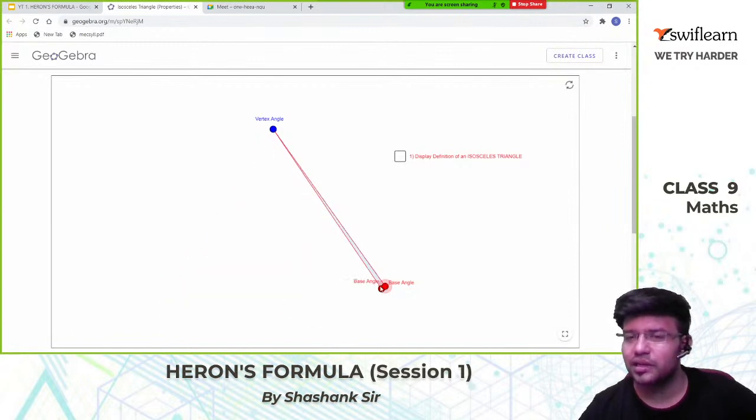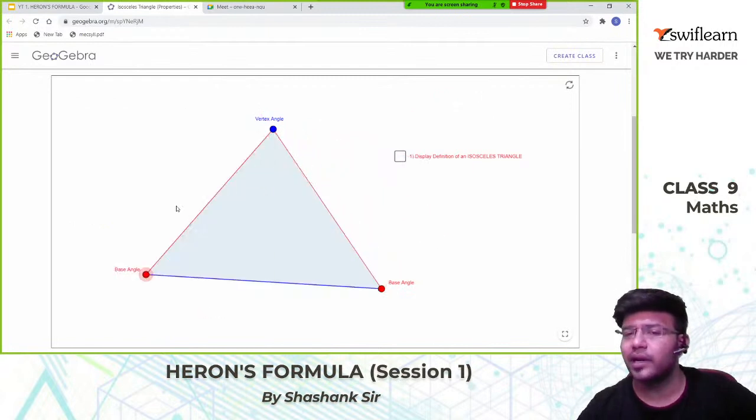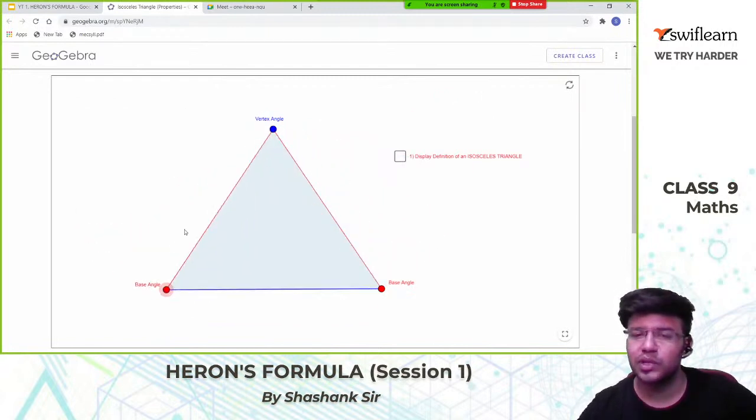They are intersecting, overlapping each other, so they are equal. It's like drawing a circle with the same radius R. So R is the same, so the lengths of the two sides are the same.